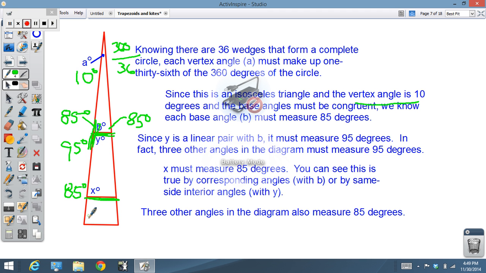Okay. And by the way, this has to be x, this has to be x, this has to be x. Okay. This has to be y, y, and y. So this is how we would solve the wedge problem. Okay, and you can read along if you need a little more detailed explanation, okay?